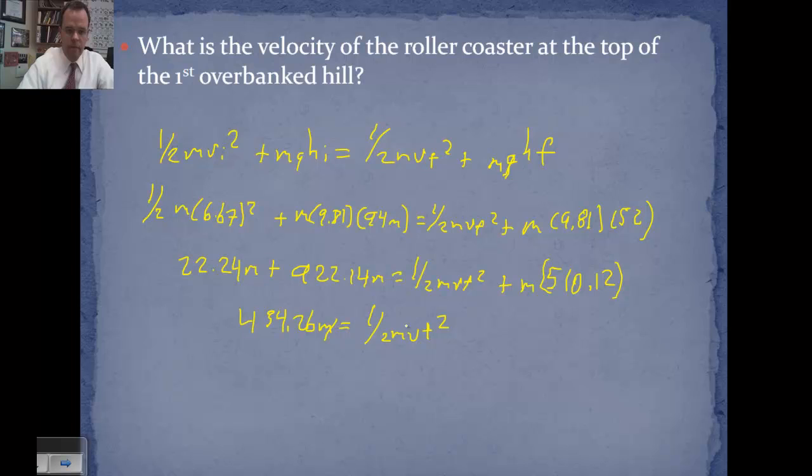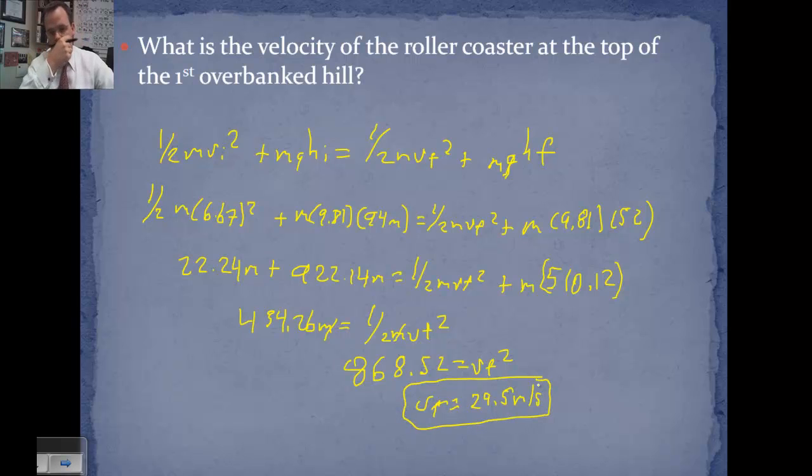The m's cancel. So I get 868.52 equals v final squared. Take the square root. V final is 29.5 meters per second. So significantly slower than it was at the bottom of the hill, but definitely a lot faster than we started the ride.